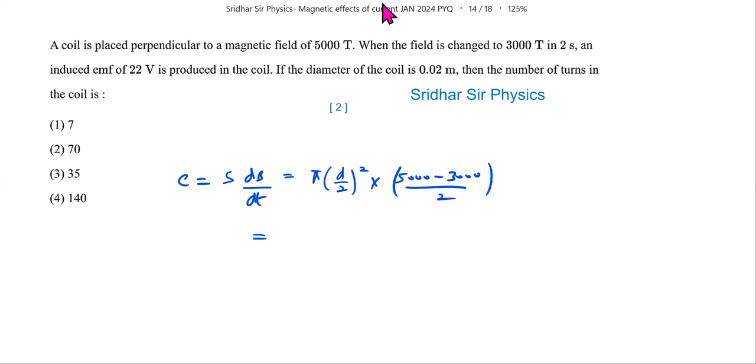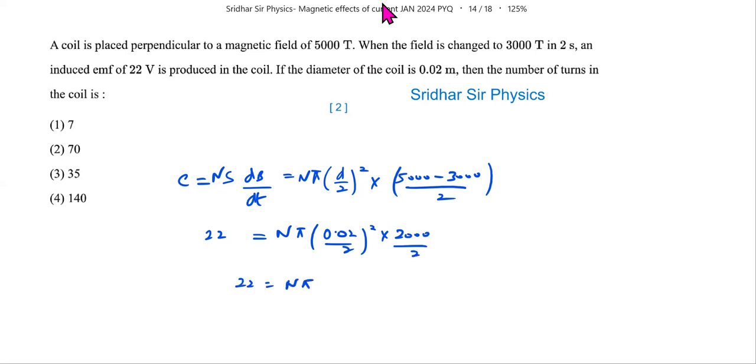Substitute these values. Let N be the number of turns. EMF induced: 22 N pi (0.02 by 2) whole square, times 2000 by 2.